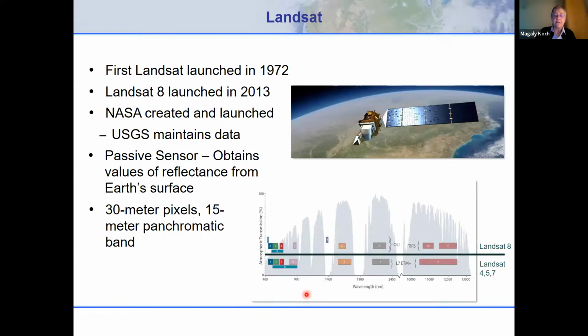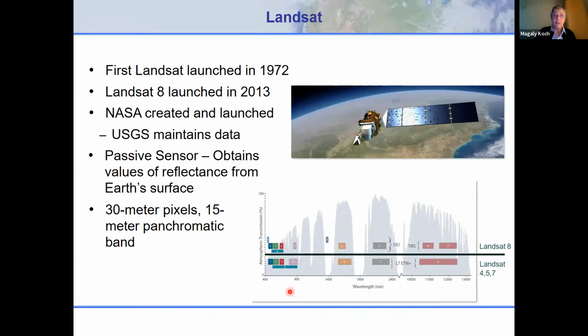And that's important in remote sensing because you want to construct your instrument in such a way that it captures the light being reflected from the Earth's surface, and it has to be able to travel through the atmosphere. So the atmosphere has to be more or less transparent to let the radiation through.